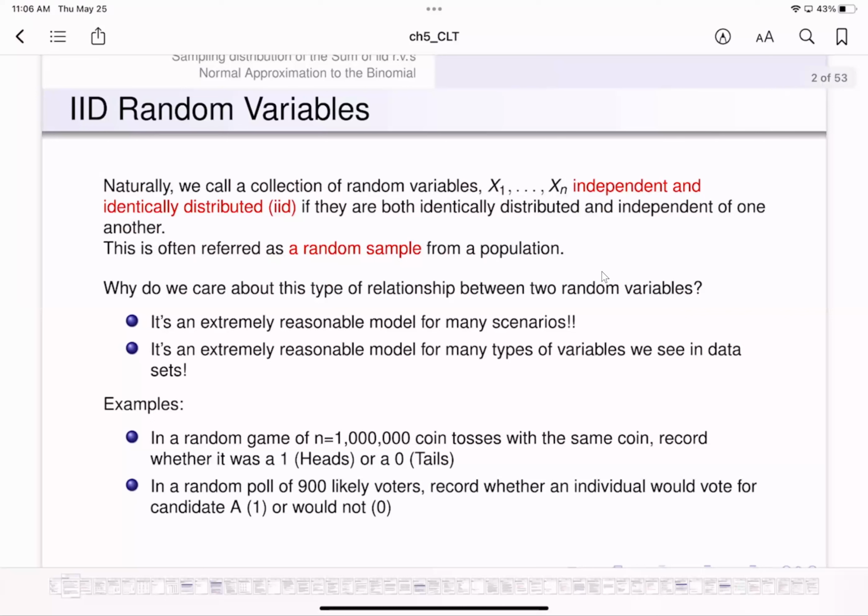Here are two examples where we think the random sample would work. One example is a random game of tossing a coin 1 million times. You are using the same coin and recording whether the head or the tail shows up on top. We can think of flipping a coin as one trial. Each trial has either the head or the tail, these two scenarios.